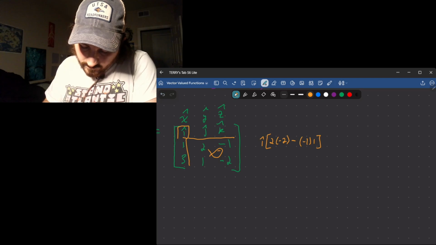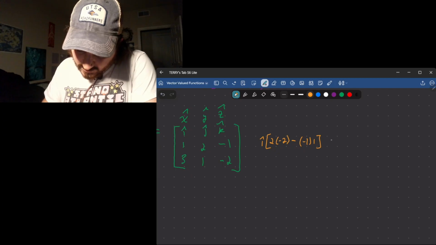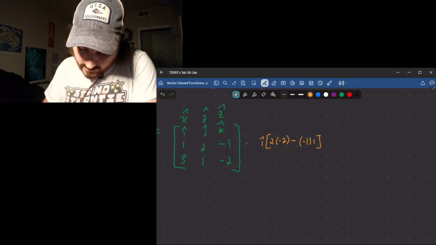Okay, and then we're going to do the same thing for the other components. So we've got to do j now, and like I said, I'm not going to spend a ton of time explaining how all this works, but there are coefficients in front, which I guess I'll write real quick. This is negative 1 to the m plus n power, which is your row and your column. In this case, it's 1 plus 1, so that's even, so that's all positive.